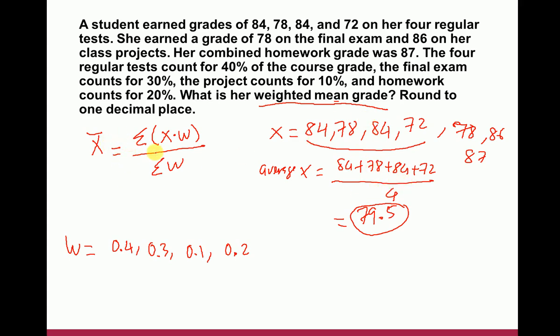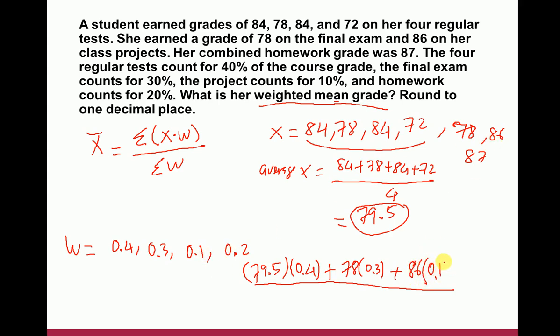Now we are ready to plug into this formula. So the sum of each of the data: the first one is 79.5, which is 40% for the weight, so 79.5 multiplied with 0.4. Add the next one, 78, which goes to 30% for the final, so 78 multiplied by 0.3. The next one, 86, goes with 10%, 0.1.